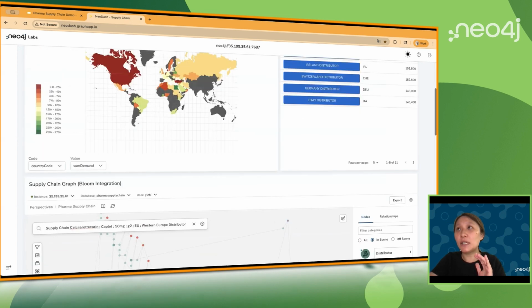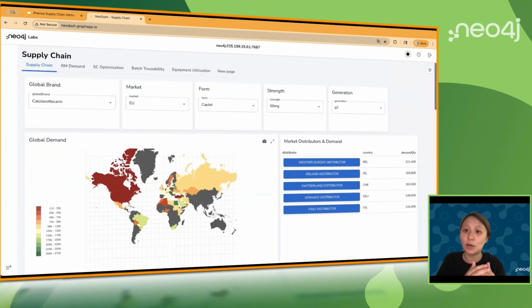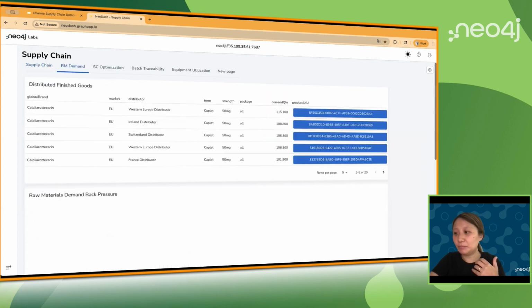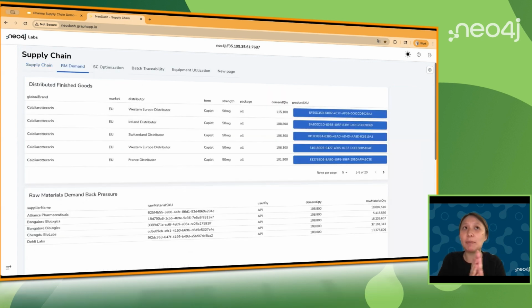All right. So now let's switch gears to talk about how I can look at the raw material demand. I'm going to switch to the RM demand tab. This tab has two tables. The first one shows me, for this particular brand and each SKU under this brand, the demand quantities from the market.